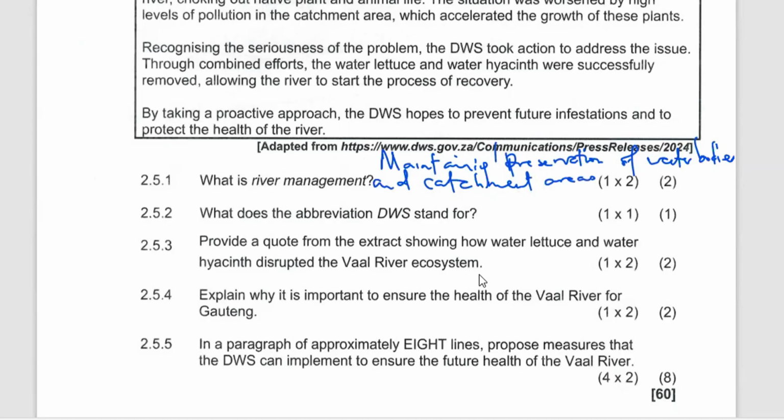Why do we maintain the water bodies, or why do we preserve them? To ensure sustainable availability of clean and fresh water.